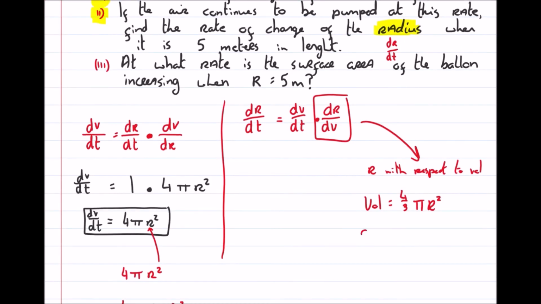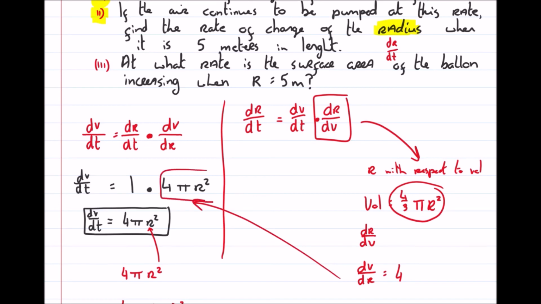I want to get dr/dV. I can easily get dV/dr, differentiated with respect to r. So if I differentiate V with respect to r, as I've done over here already, I will get 4 pi r squared.